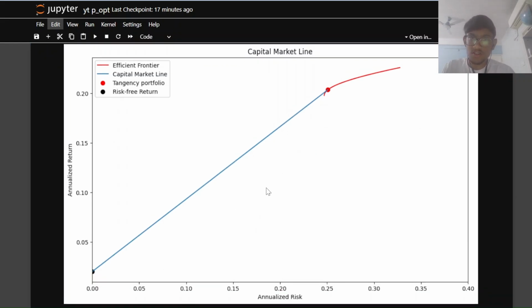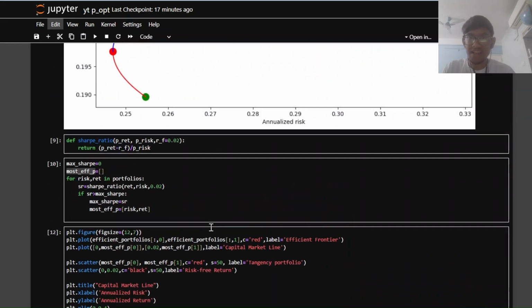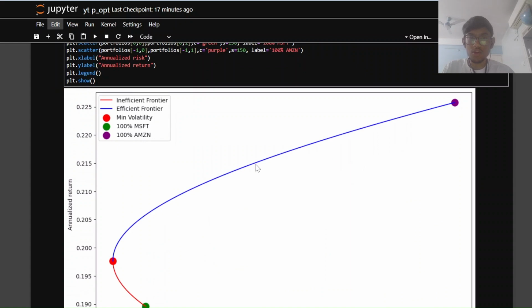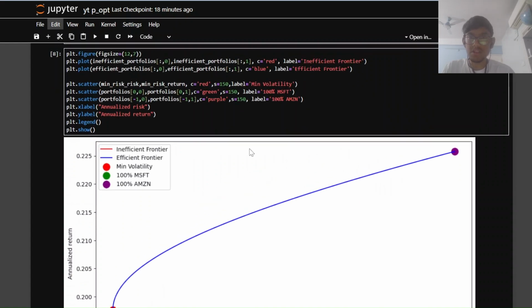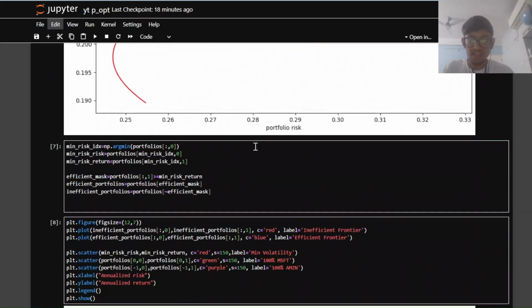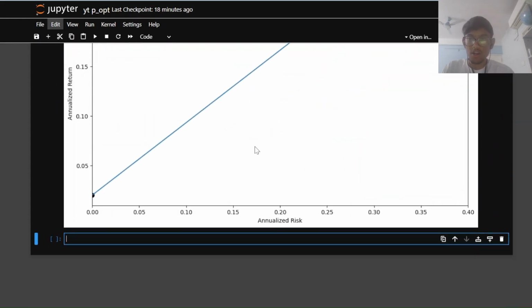Having understood all these basic terms and having analyzed how the graph would look, or how we are trying to optimize our portfolio for two stocks, namely Amazon and Microsoft, I think we are good to go for a whole universe of 500 stocks. Let's take the S&P 500 stocks.